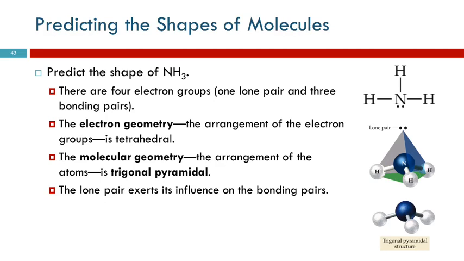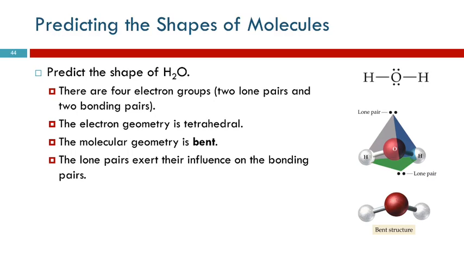This is not trigonal planar, it's a trigonal pyramid because it's lifted up in the middle. You see that? So we look at the electrons first, the electron groups. Then if there's lone pairs, just make them invisible. So that's a trigonal pyramid.